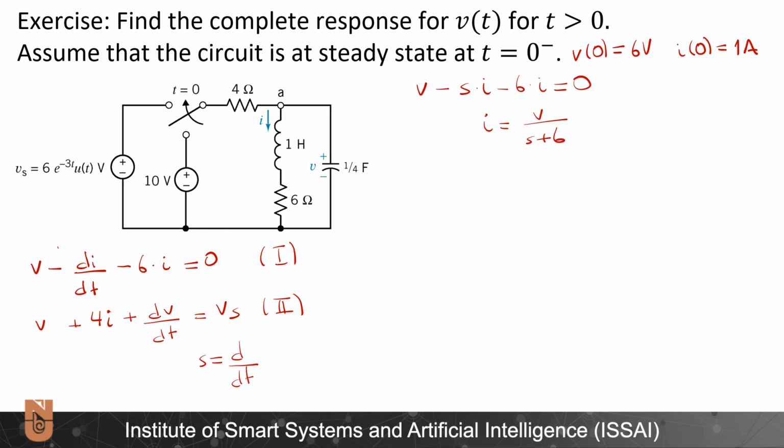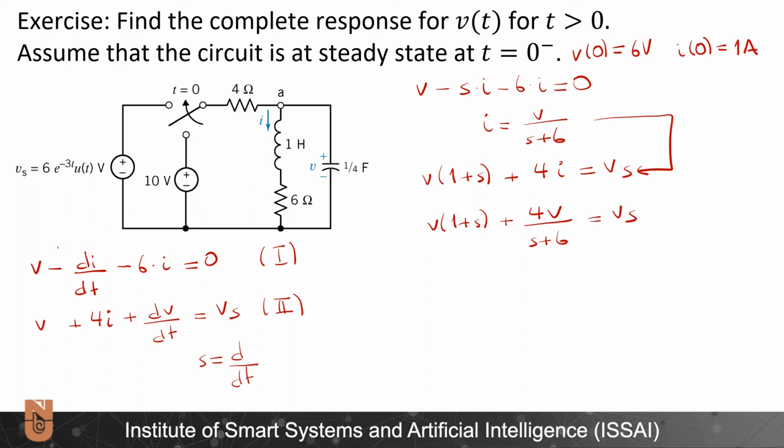And the second one will be V(1 plus s) plus 4I is equal to Vs. If I put I into this equation, I end up with V(1 plus s) plus 4V over (s plus 6) is Vs. From here I can write further V(1 plus s)(s plus 6) plus 4V is equal to Vs times (s plus 6).